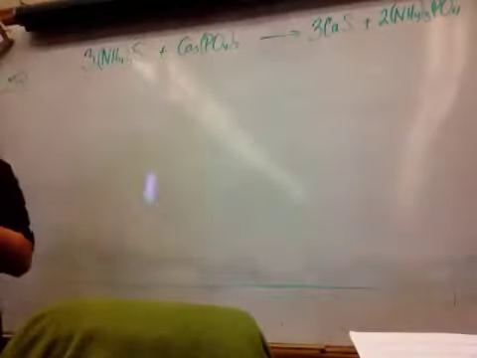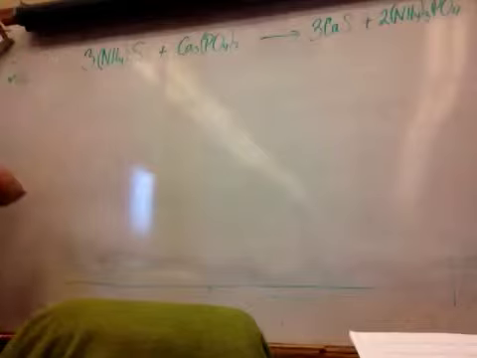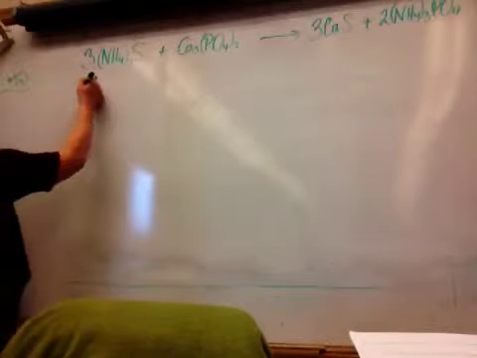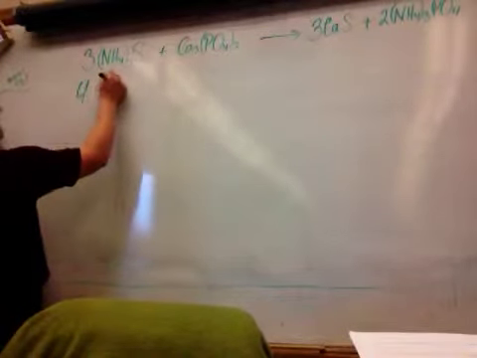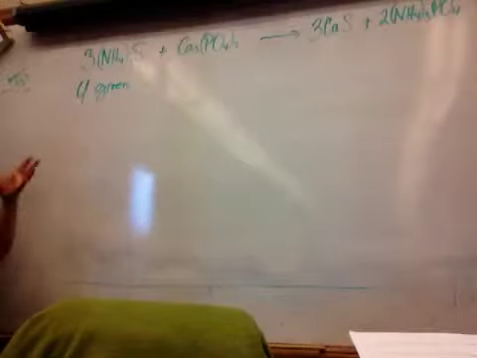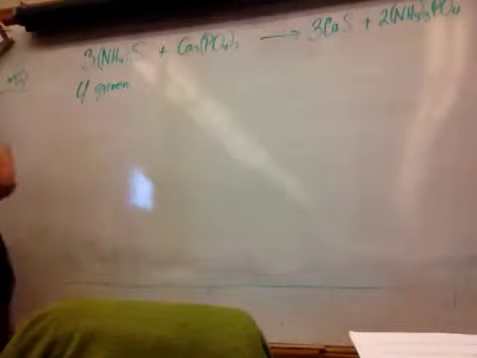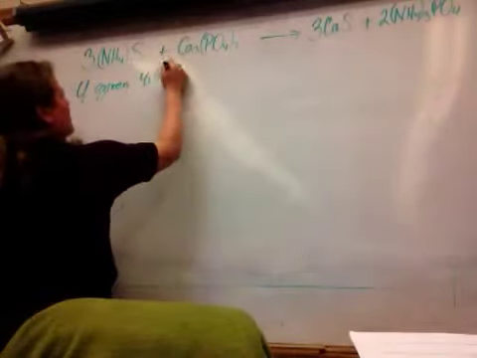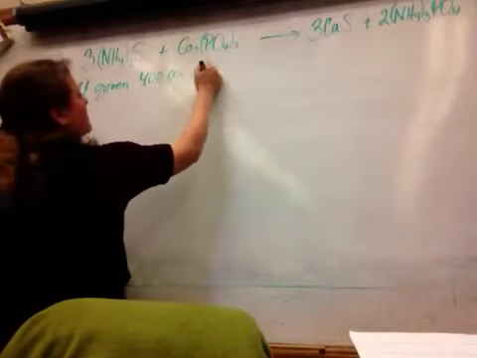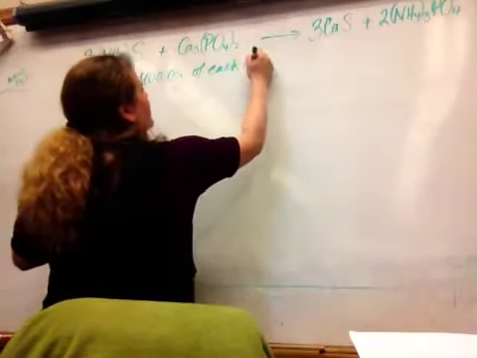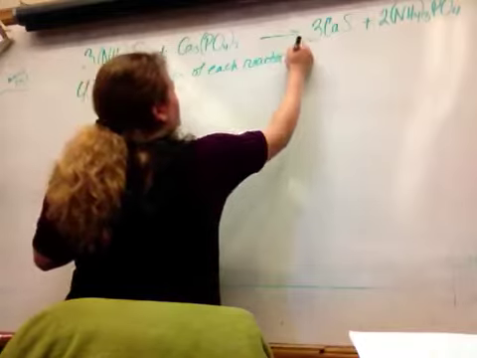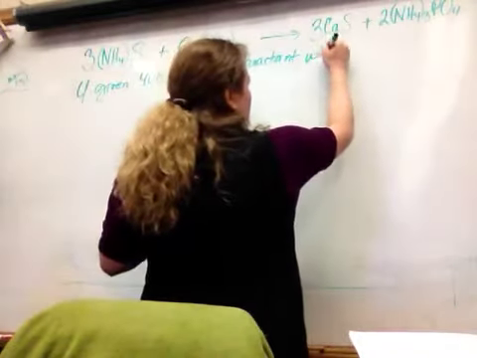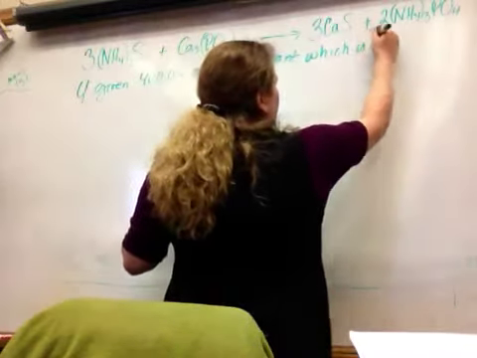When we have a limiting and excess reagent problem, the form you're going to see is something like this. You'll be given an equation, and you're going to get asked this question: if given 400.0 grams of each reactant, which is limiting?